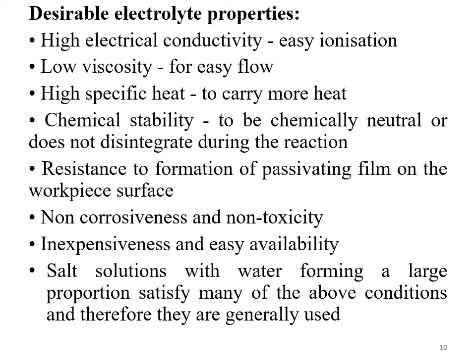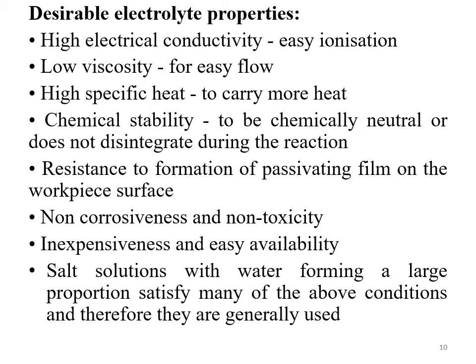Next is resistance to formation of a passivating film on the workpiece. Let me take an example of aluminum. When it is subjected to the atmospheric environment, it forms a thin layer of aluminum oxide on its surface, so that further chemical reaction is completely prevented.